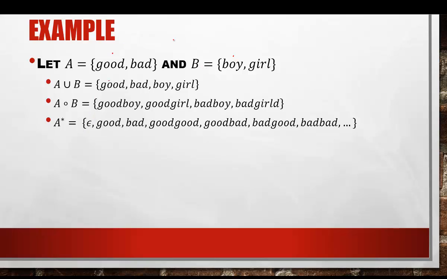But it couldn't be boy good, or girl good, or girl bad. That would be the concatenation of B and A. So if I say B concatenated with A, then it would be boy good, boy bad, girl good, and girl bad.